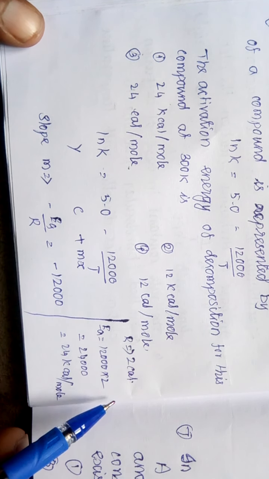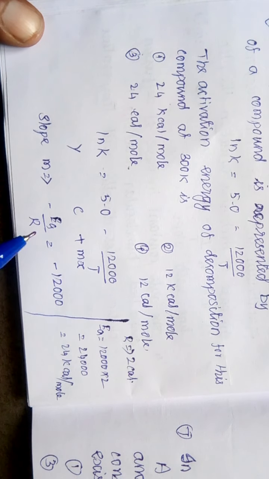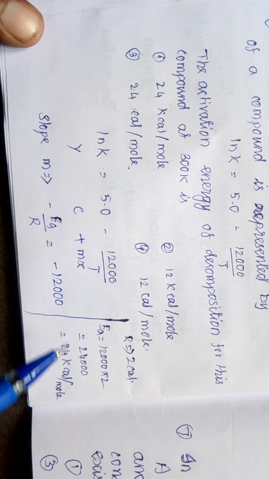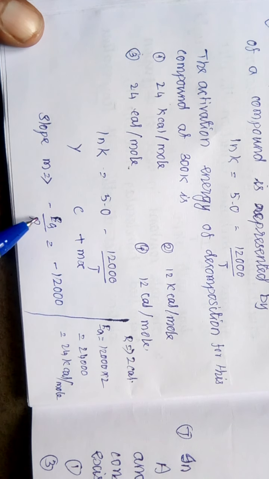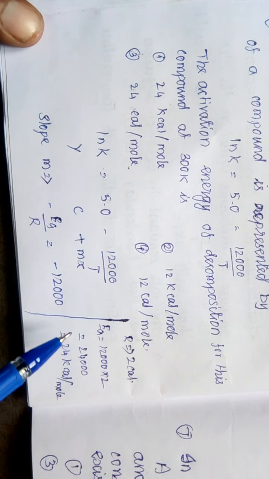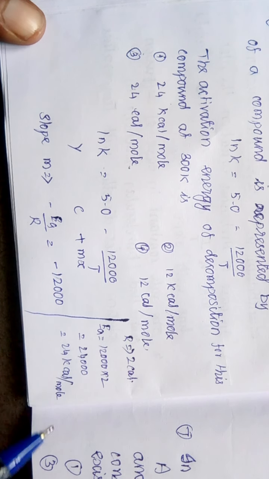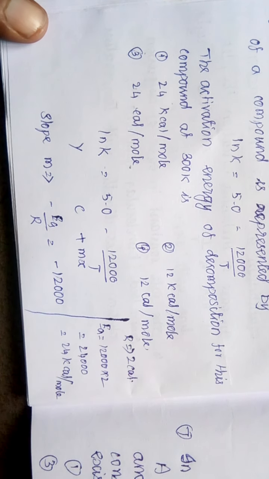Here it is in the denominator, so when you take it to the other side, minus into minus cancels out. So Ea is equal to 12,000 into 2, which becomes 24,000. When you convert this into kilocalories, it is 24 kilocalories per mole.